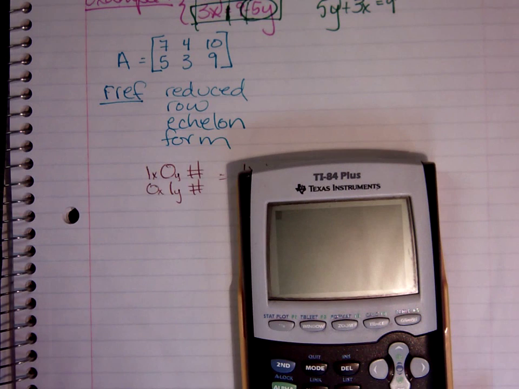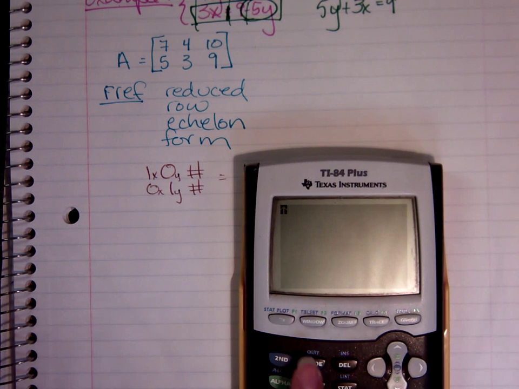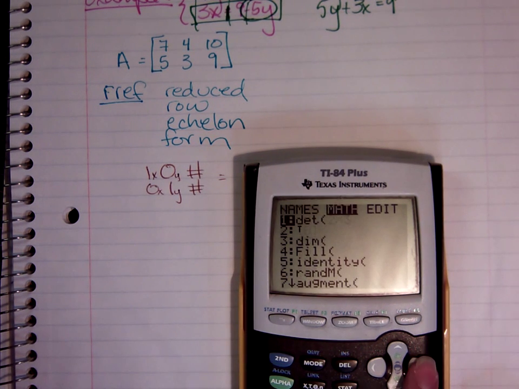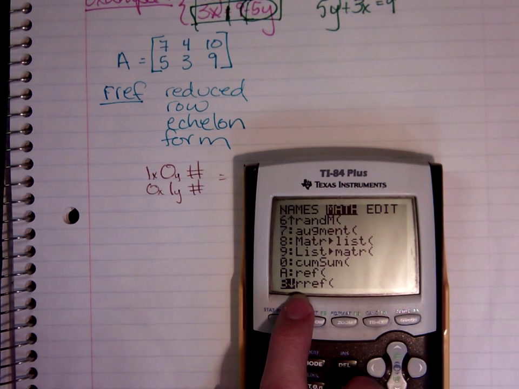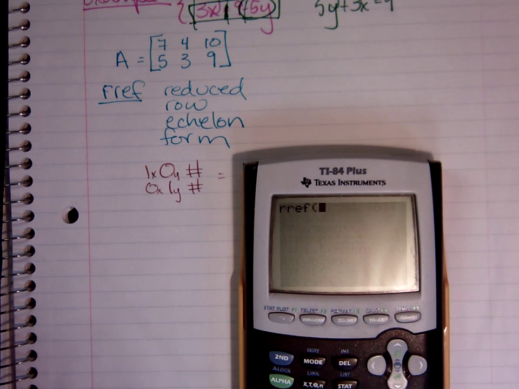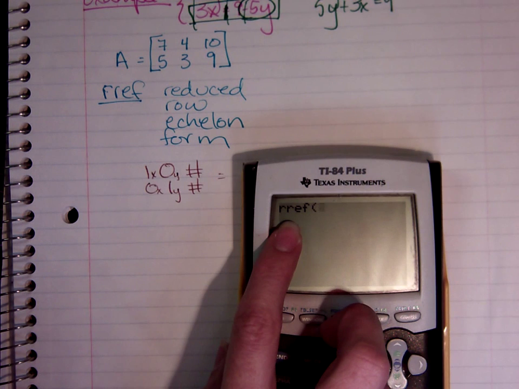So we come back using the instructions that you pulled from the flip assignment. We're going to go to second matrix. We're going to do some math to our matrix, and when we scroll down, our ref, hit enter, and then it wants to know which matrix am I going to reduce row echelon form.